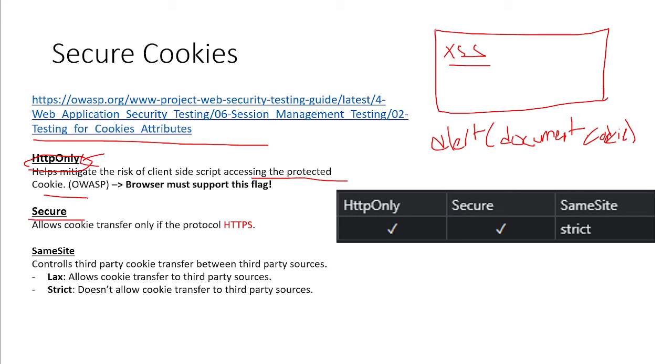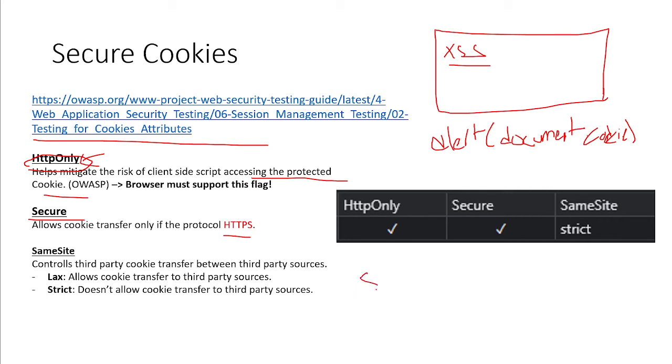And Secure. Secure is another security flag for cookies. It allows cookie transfer only over the HTTPS protocol. If you are using HTTP to access a web application and a cookie is set with the secure attribute, you couldn't reach the cookies. How can we set cookies?